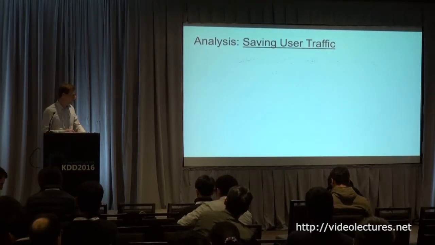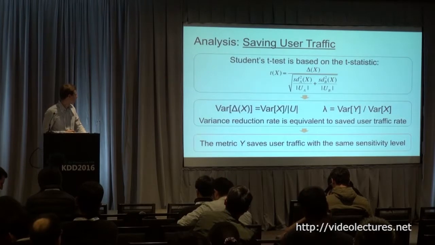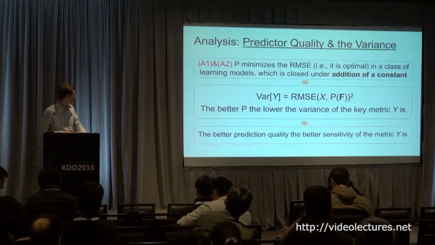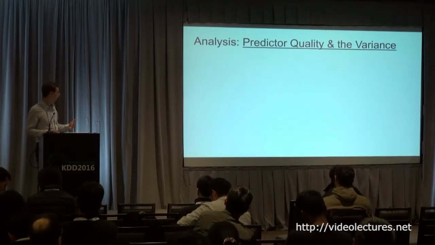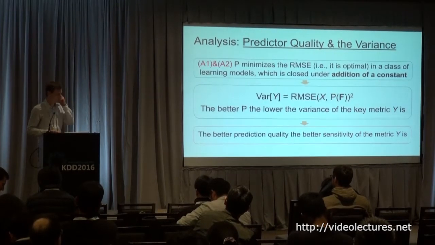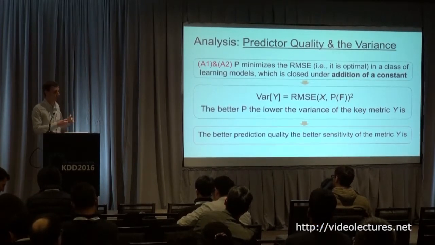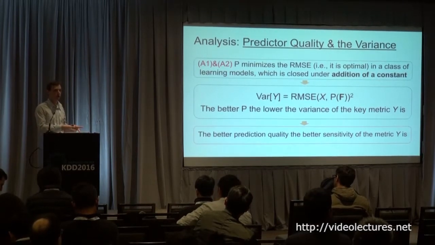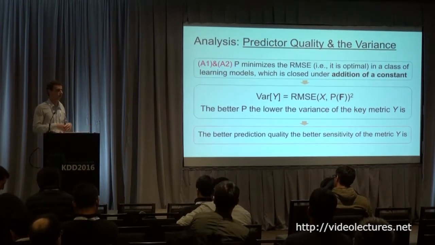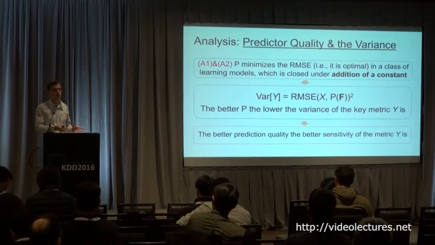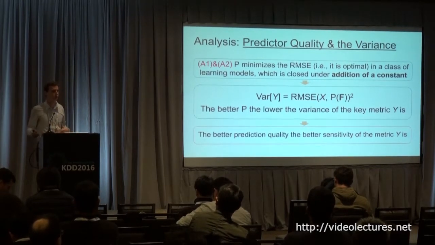For instance, if your predictor has a bad root mean square error, then you have a bad variance: the larger the error, the larger the variance, and thus we can have a moderate reduction rate, or even a larger variance than that of the metric x.